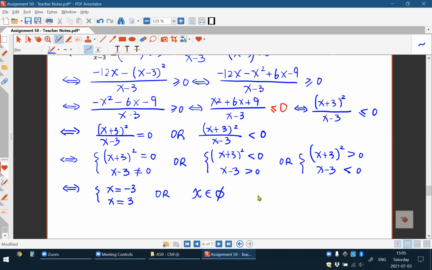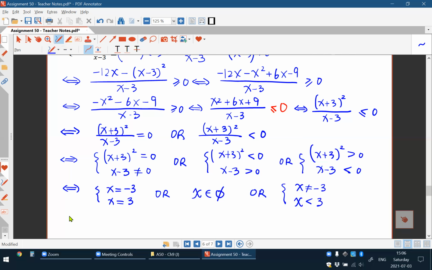Or, for the third, something squared is above 0. As long as it is not 0, it is above 0. So we only need to ensure that x is not minus 3. When x is not minus 3, x plus 3 is not 0. For a non-zero number, its square must be above 0. And x minus 3 smaller than 0 means x must be smaller than 3.